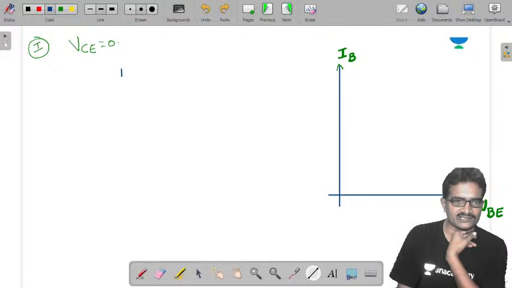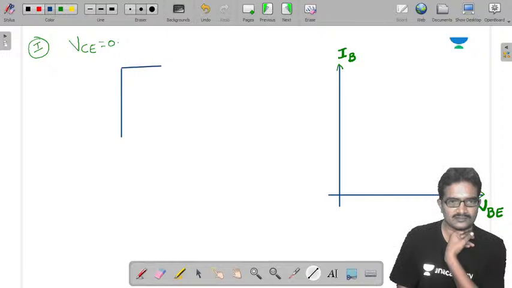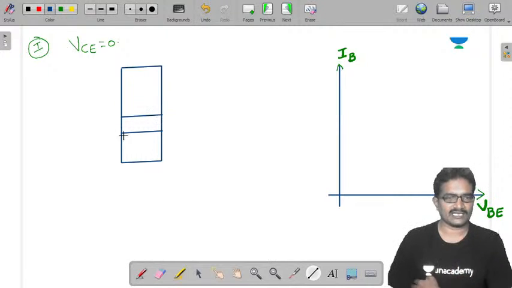So I am taking the transistor like this.